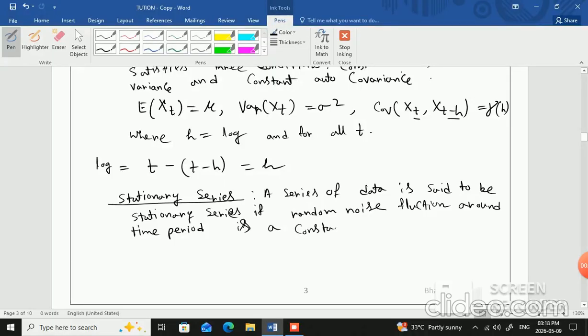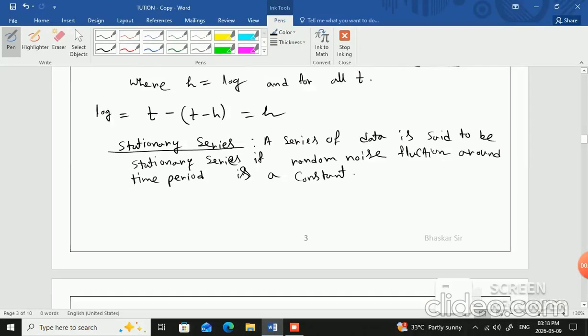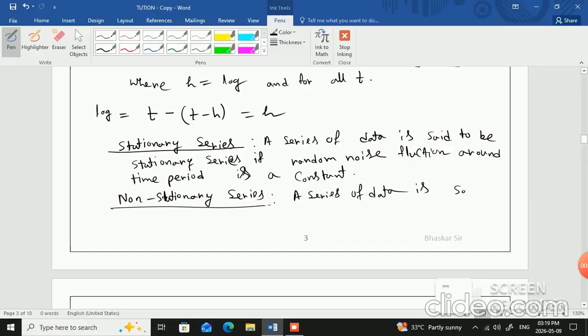Next, non-stationary. A series of data is said to be a non-stationary series if a trend is present in the data.